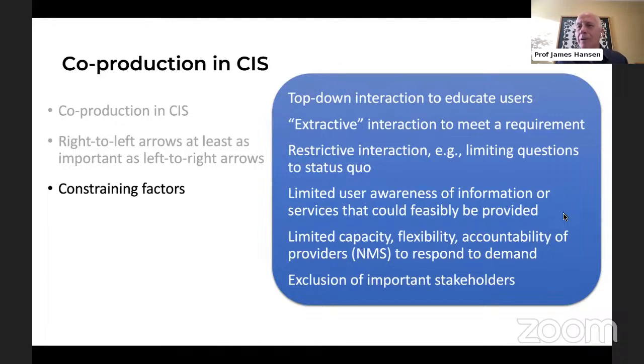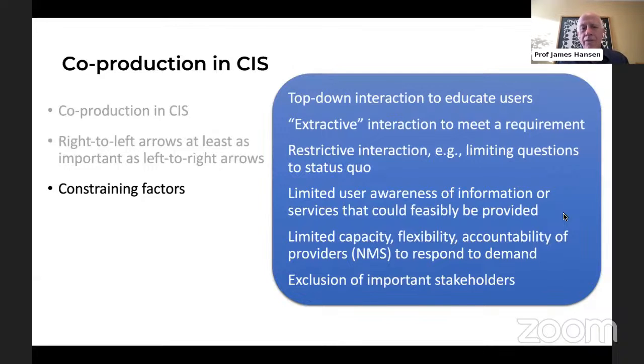It doesn't really open up the possibility that farmers need something that the Meteorological Service doesn't provide, or would actually prefer a communication process that is not yet available. We can have the same problem if users don't really know what information could be provided. So there is quite a bit of evidence that farmers can benefit from types of information that are just not available routinely in their country unless a project introduces it.